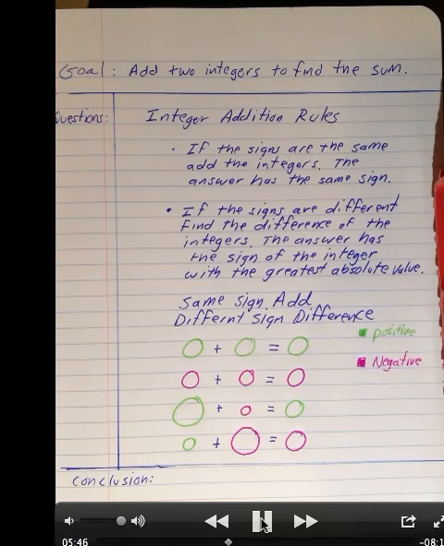Okay, let's try some examples. And when we do the examples, we're going to put a column down the right hand side showing our reasoning.